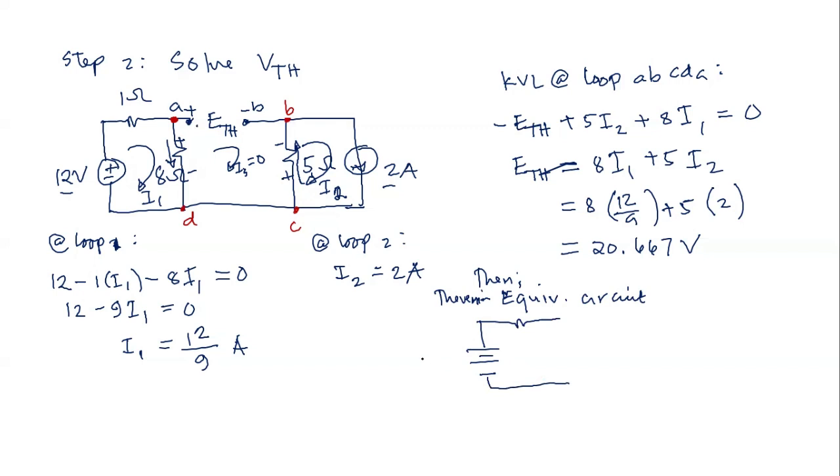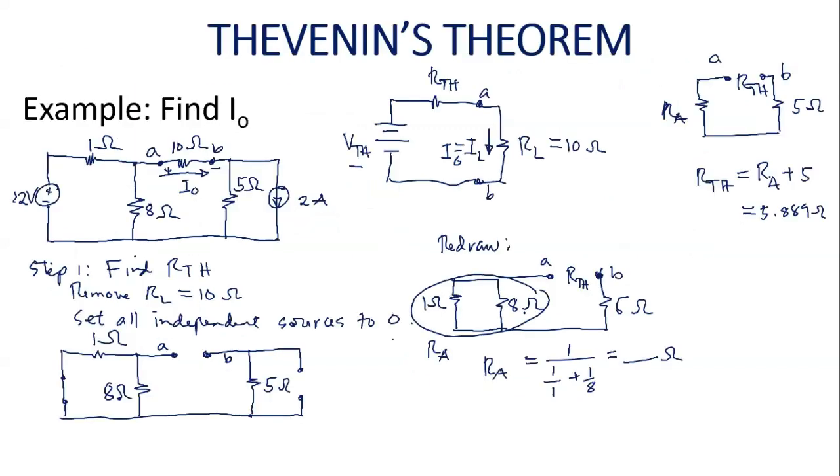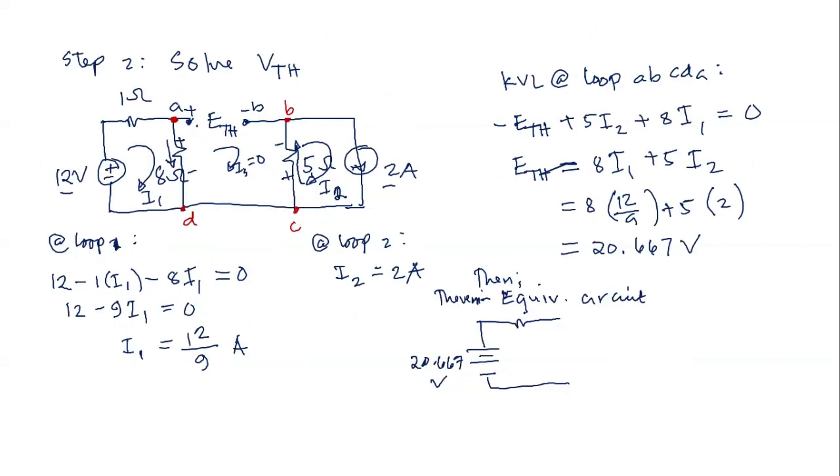So the VTH now is 20.667 volts. And the RTH is 5.889. And this is the terminals AB where we have disconnected the RL.